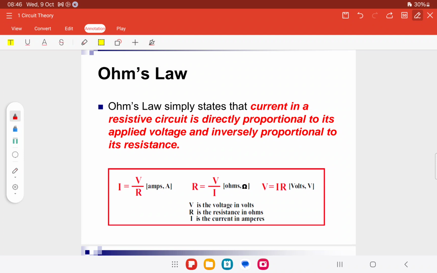Okay, so now we will go for Ohm's law. This is easy, you guys already know it, no need to explain.